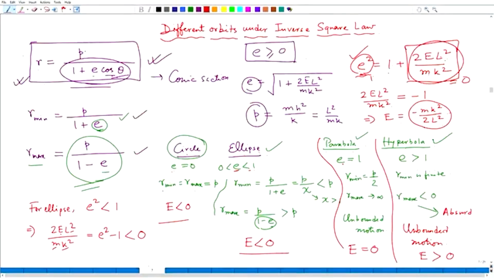Now, case by case, we will try to analyze in more detail whether we can find the equations of those conic sections in our familiar Cartesian form. I will do part of it for you and you are asked to do the rest.